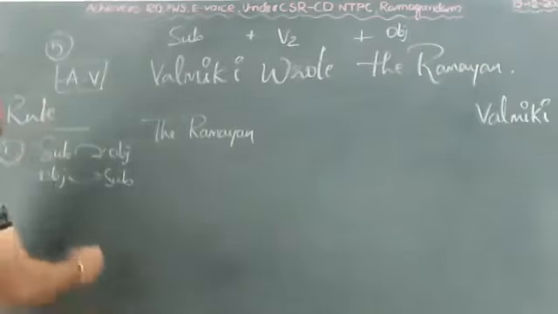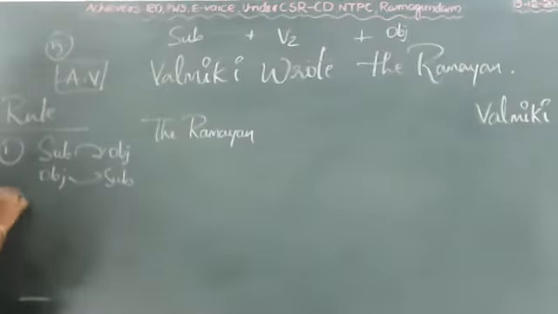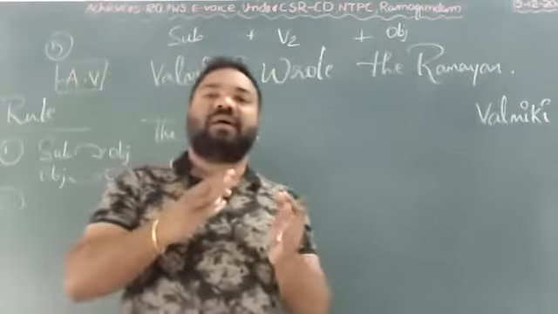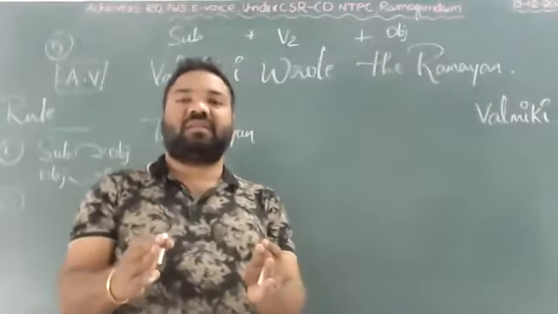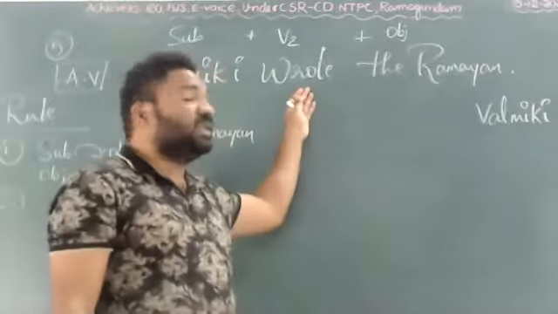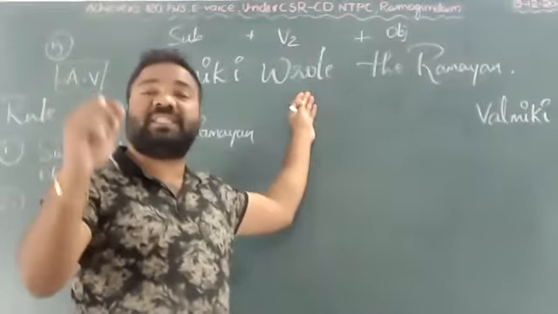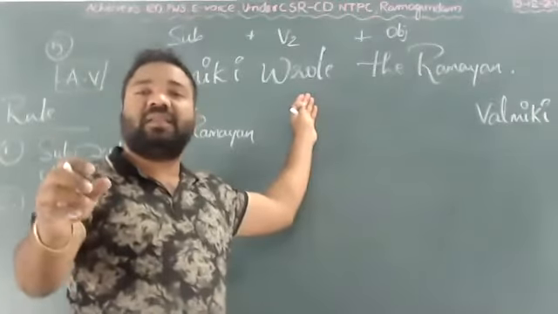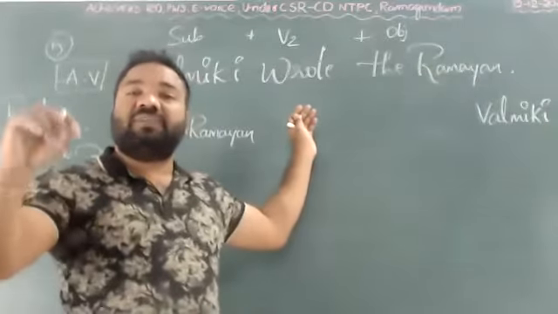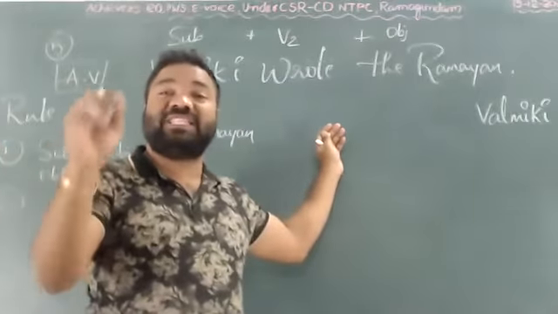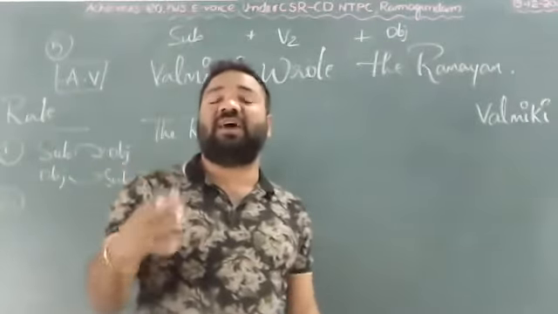Okay. So next, what is the rule that we have to do? Next, we have to shift this action verb. Whatever action verb is present in active voice, we have to turn that into V3, which is a signature rule, as I always say.